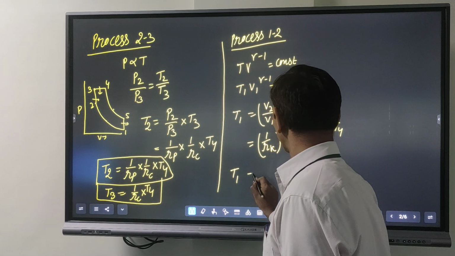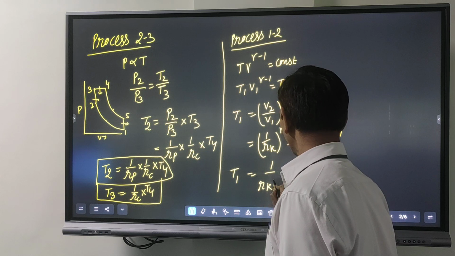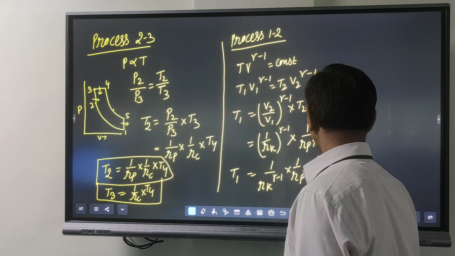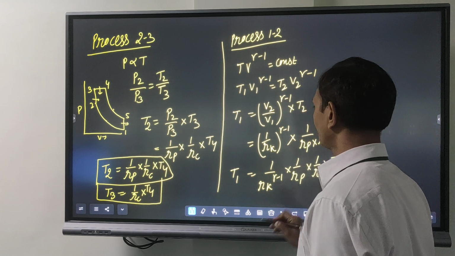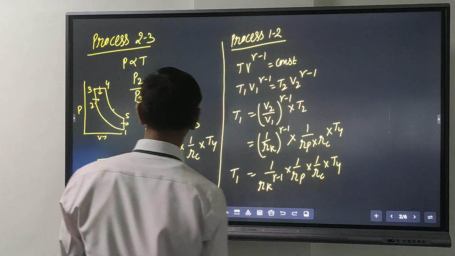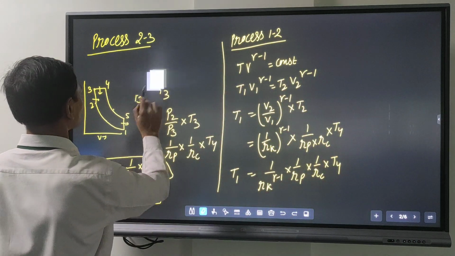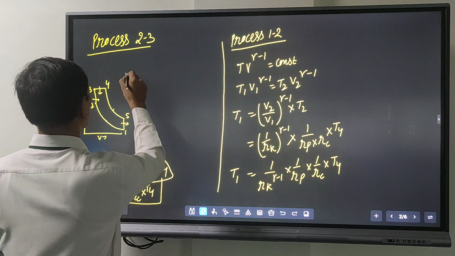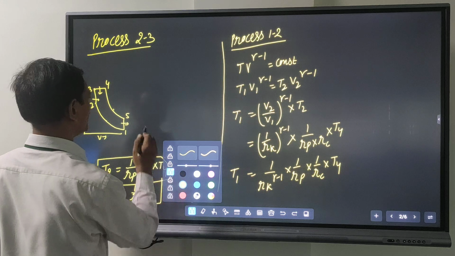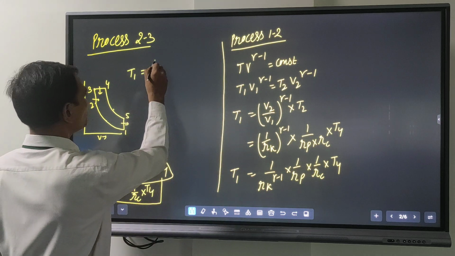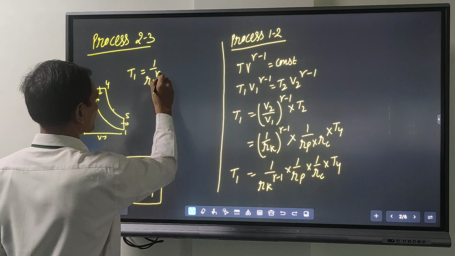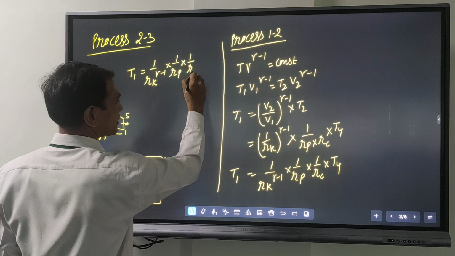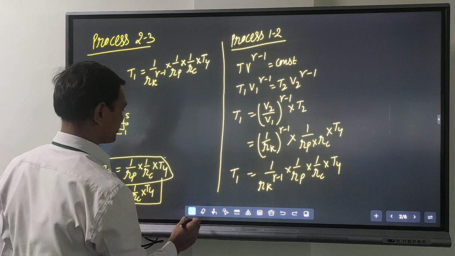Now T1 is equal to 1 by RK to the power gamma minus 1 into 1 by RP into 1 by RC into T4. Okay.